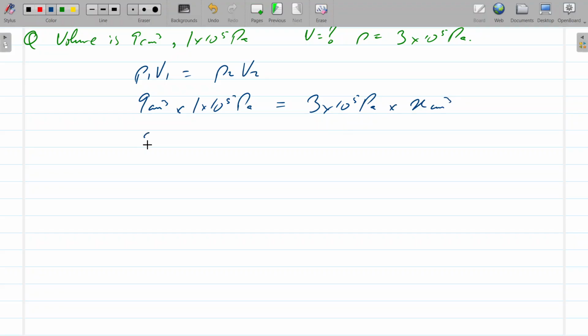So x will equal 9 into 1 into 10 to the power 5 divided by 3 into 10 to the power 5. So you're going to get rid of the powers, and you're going to get 3 centimeter cube, which is the volume.